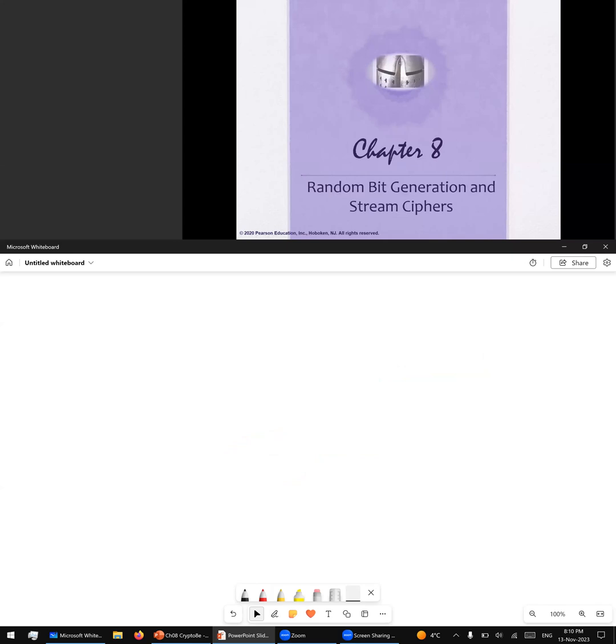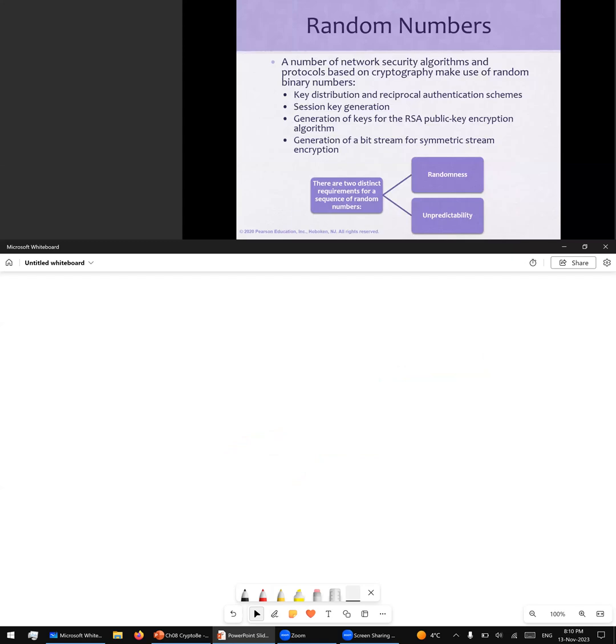Like I said, we're going to be talking about random bit generation and how they're going to be used in stream ciphers. When we talk about random numbers, they have a very special place in cryptography, because a lot of what we do is based on randomness. Specifically, we have key distribution and reciprocal authentication schemes.